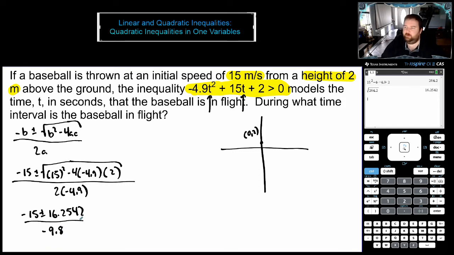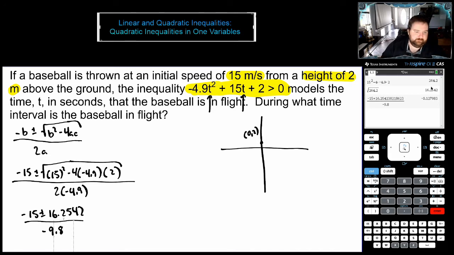All right, let's try this out in the calculator, please. So we have negative 15 plus, I'm just going to copy this, plus that, and I got a few more digits there, that's fine, divided by negative 9.8. And let's see what this equals.